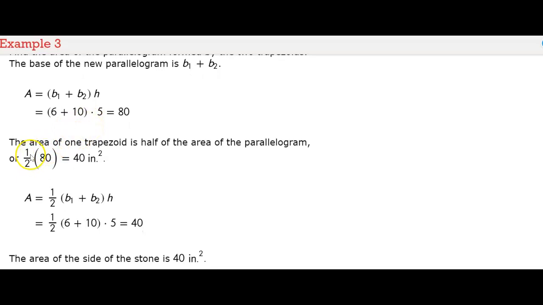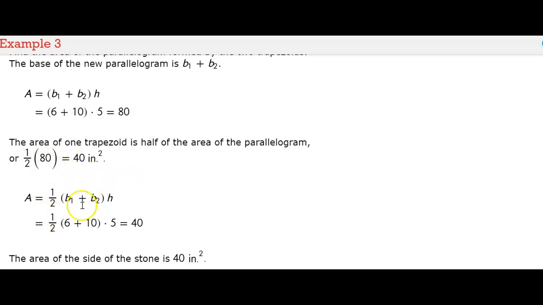And then the area of one trapezoid is half of the area of the parallelogram. So this was the whole parallelogram, but we only want half of it, which is that front piece. So you multiply 1/2 times 80, which is the same as dividing by 2, and that gives us 40 inches squared.